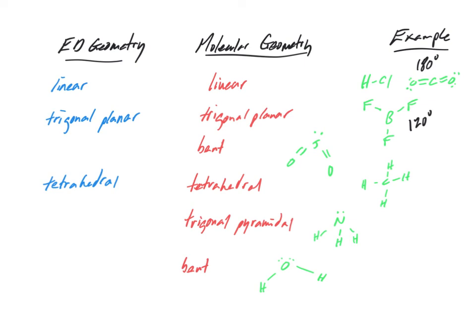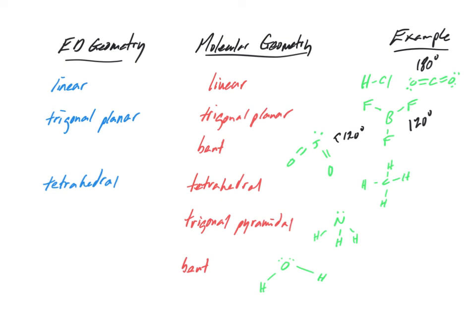Well, what does close mean? 119, 118, any of those numbers are fine. But what matters is that it's just a little bit less than 120 degrees. And why? Well, this non-bonding pair of electrons actually takes up more space and repels these bonding pairs of electrons a little bit more than a bonding pair does.